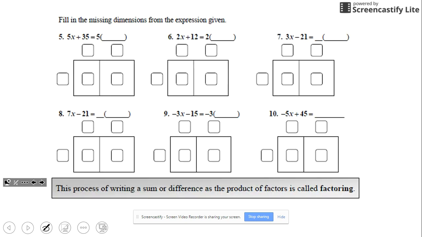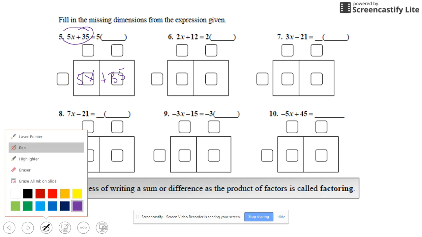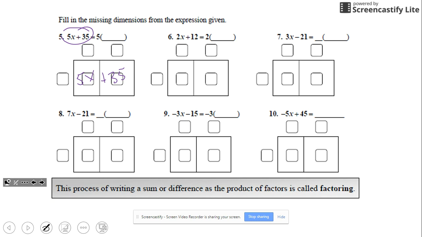Okay, so now it's kind of us working on our own, filling in the missing dimensions. They give us the expression that's in the middle of the rectangle. So I'm going to go ahead and write my 5x and then my positive 35. Now we have to ask ourselves, what is the biggest number from 5 and 35 that we can divide both of those by?